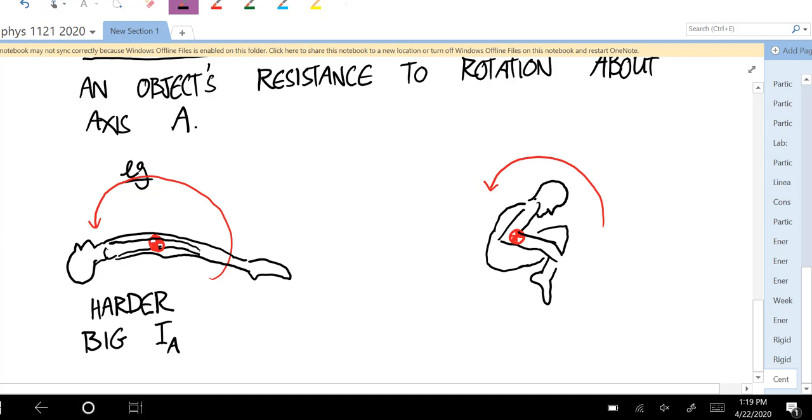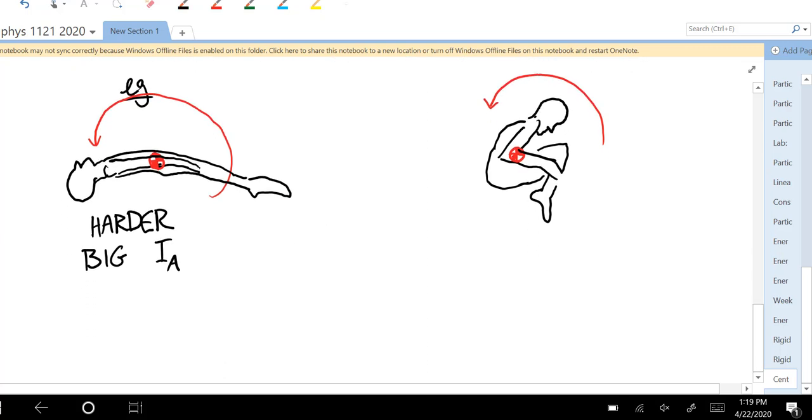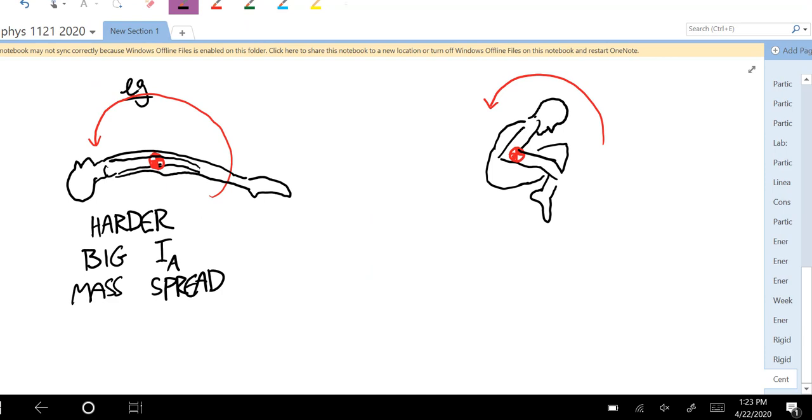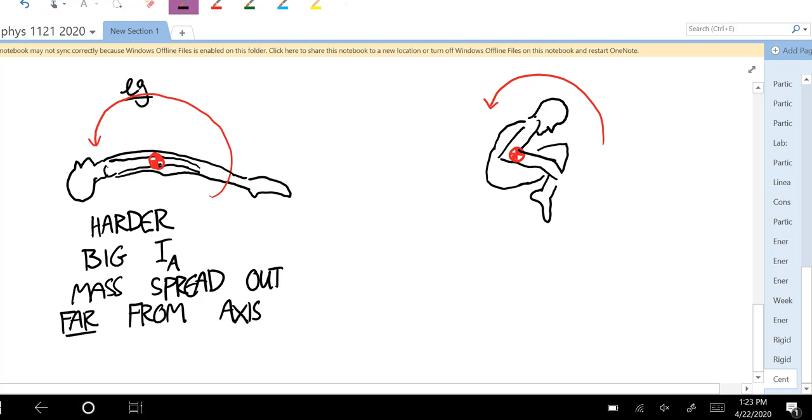What it means to have a big mass moment of inertia is that the person's mass is spread far from the axis, which in this case is the center of mass. So think of the hinge at the center of mass. There's a lot of mass spread far away. This is easier.